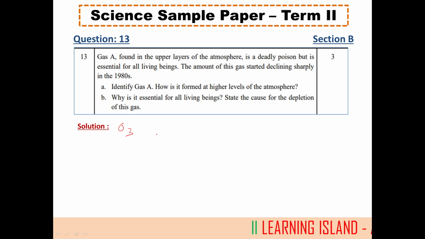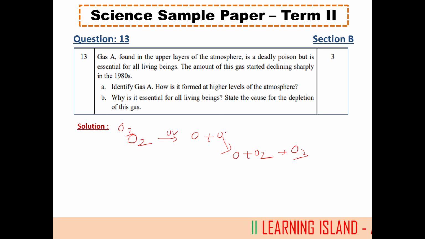Now how is it formed at higher levels in the atmosphere? The oxygen in the upper level is decomposed by the ultraviolet rays and it produces atomic oxygen. Again that oxygen is combined with molecular oxygen and gets O3.